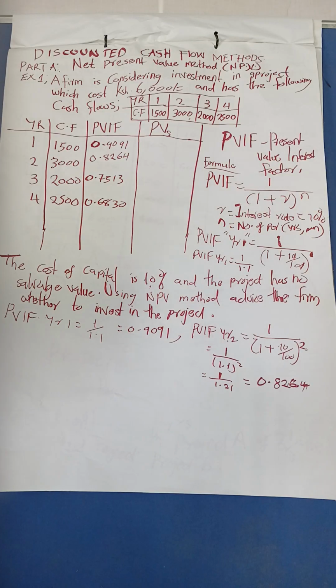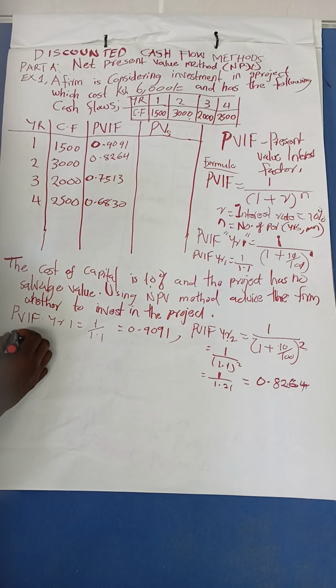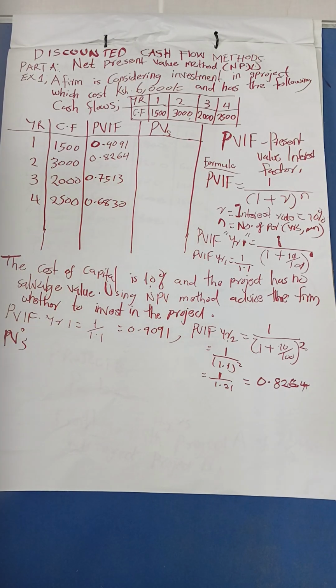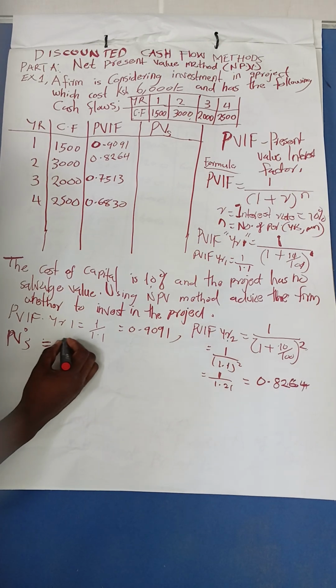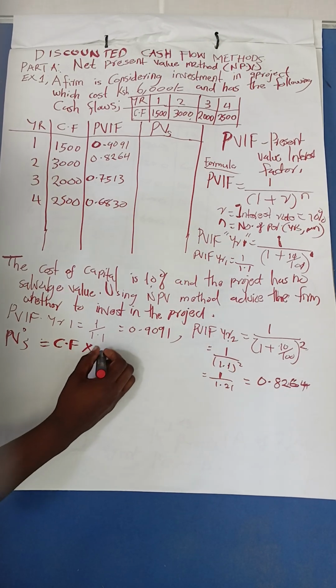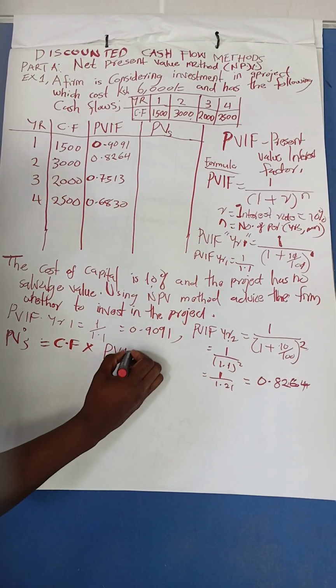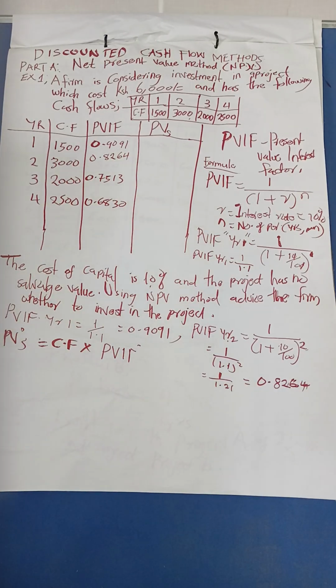Good. We go to the PVS. PVS is just direct now. The first formula for you to get the PVS, or the present value, is very easy. You multiply the cash flow by the present value interest factor, and you'll get your PVS.